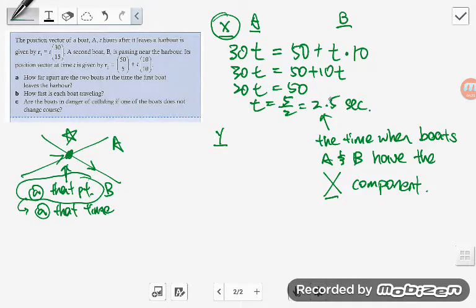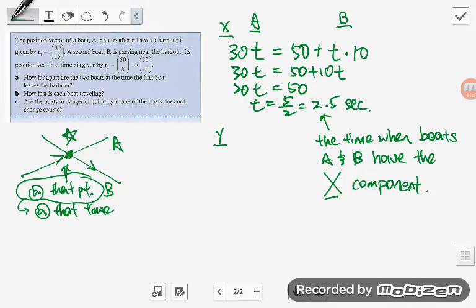When time is equal to 2.5 seconds, my boat A will have an X component of something, not 2.5, but I can substitute my 2.5 in here, and then I can find where it is. But my boat A will have the same X component as my boat B when time is equal to 2.5. All right. Now let's look at my Y component.